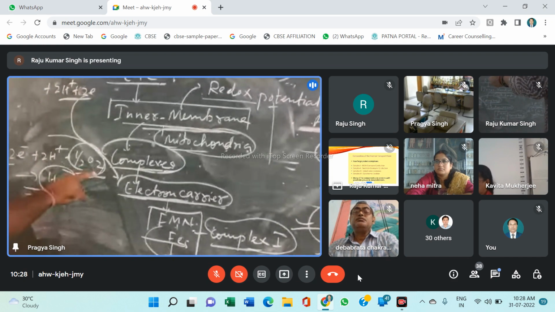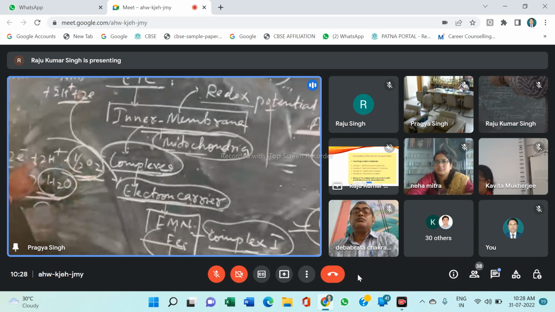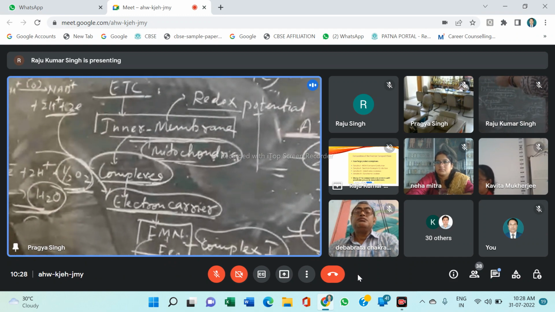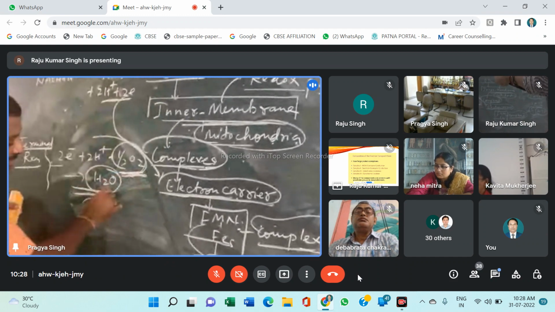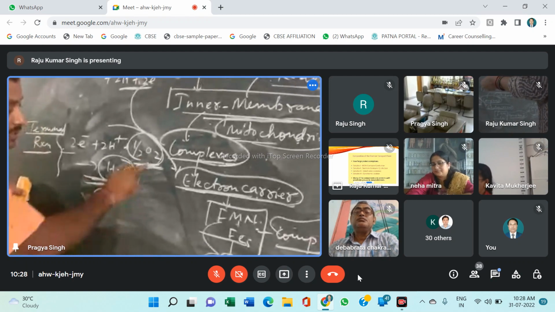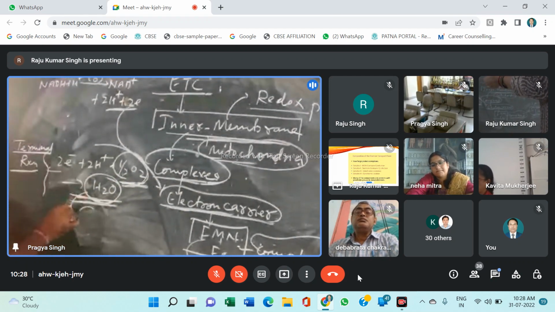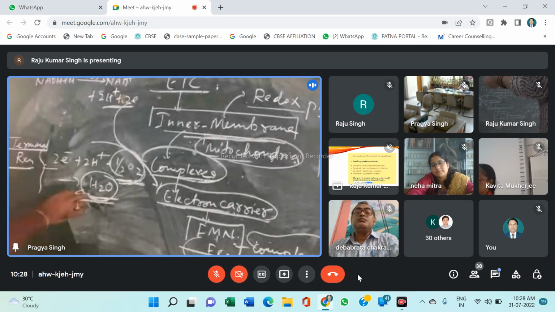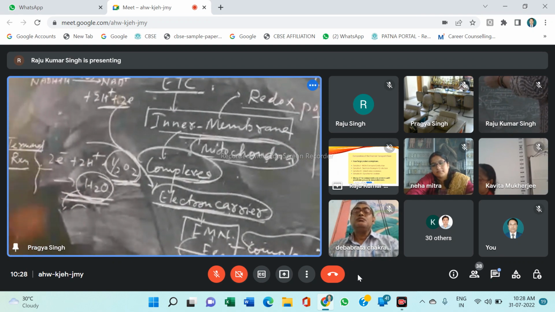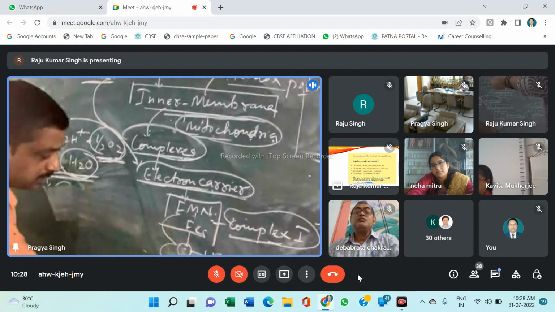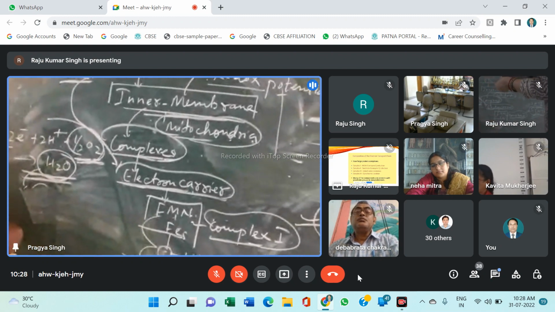If oxygen is not available, they will not be accepted and the ETC will stop. That is why there is formation of H2O, also known as metabolic water. This is the terminal reaction, when the electrons flow along these electron carriers.